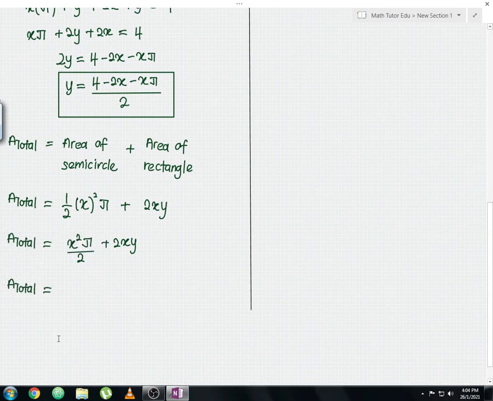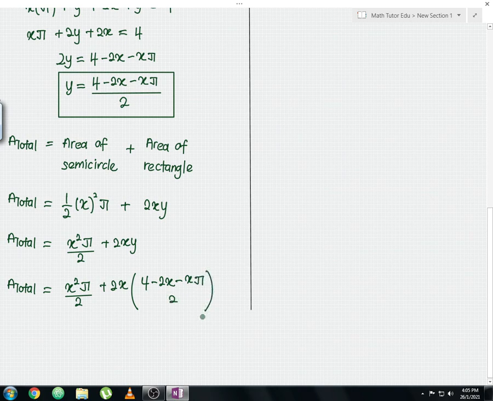So from here the total area will be x squared pi over 2, and then plus 2x. So this y will be (4 minus 2x minus x pi) over 2.